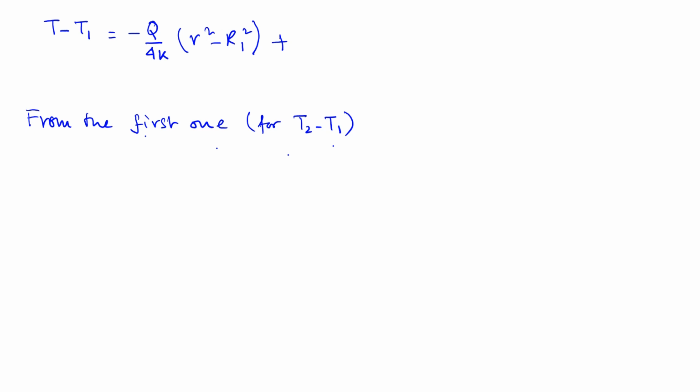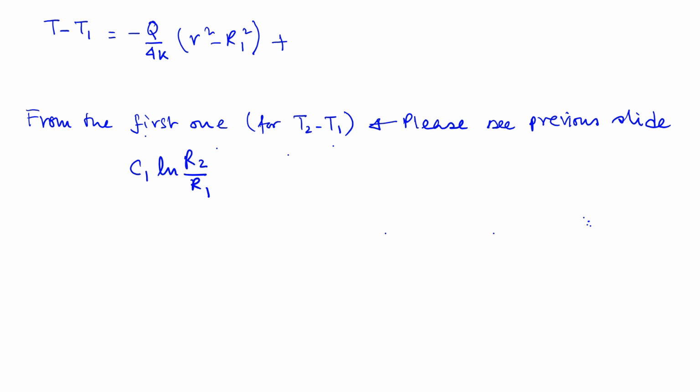From there, c1 natural log of r2 over r1 is equal to T2 minus T1 plus q over 4k times r2 square minus r1 square.